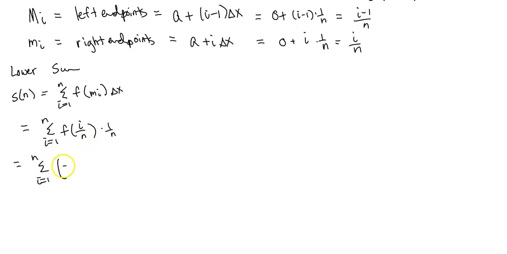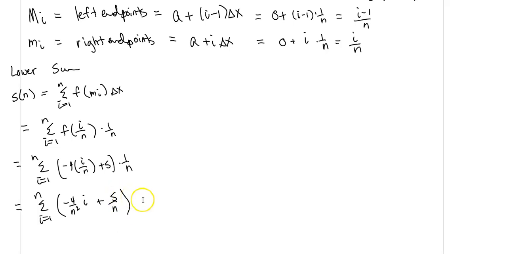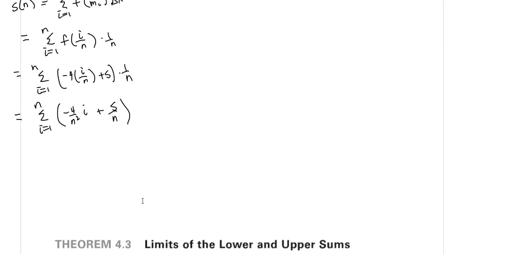If we plug this I over n in, that would be negative 4 times I over n plus 5, times 1 over n. And if I bring in the constant here, this would be negative 4 over n squared times I plus 5 over n. And if I split this sum up and remove the constant, this would be negative 4 over n squared times the sum from 1 to n of I plus the sum from 1 to n of 5 over n.